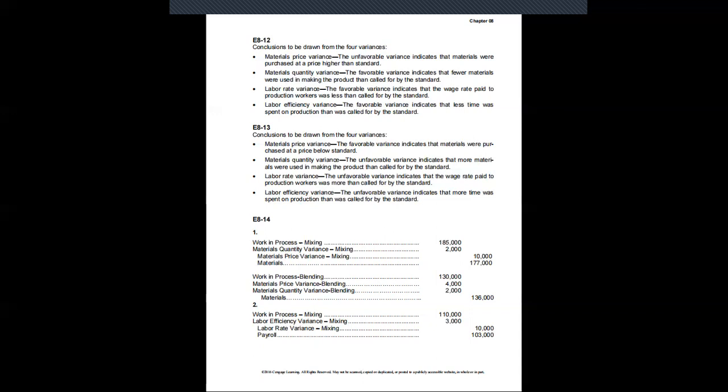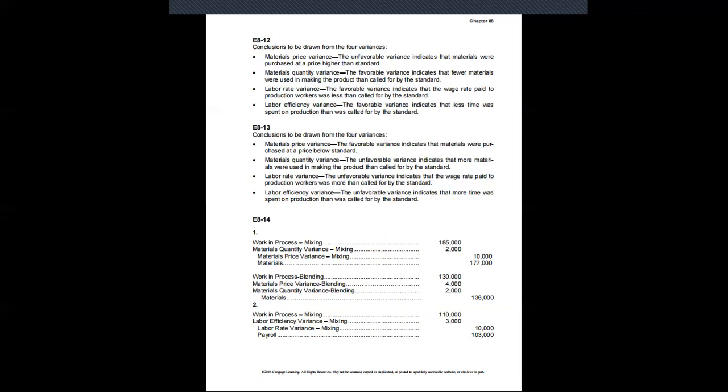It's unfavorable. It's given unfavorable, and we credit material price variance in the mixing. It's favorable, and materials is credited for the actual cost of materials used in the mixing department. So we have the first entry.